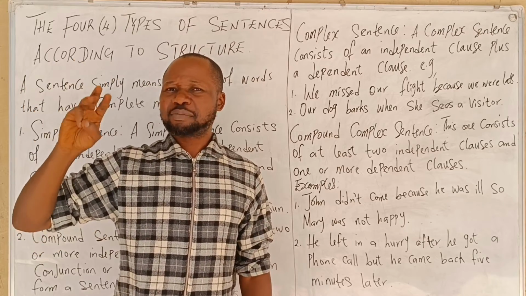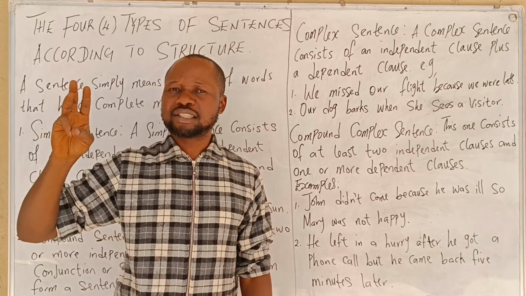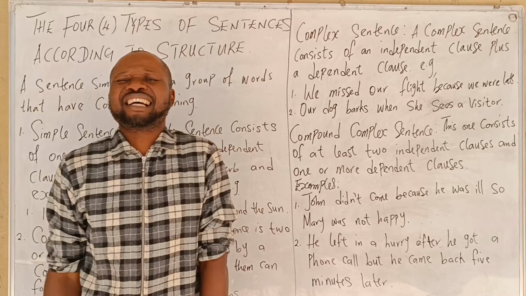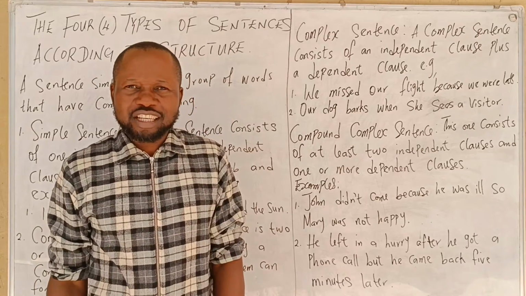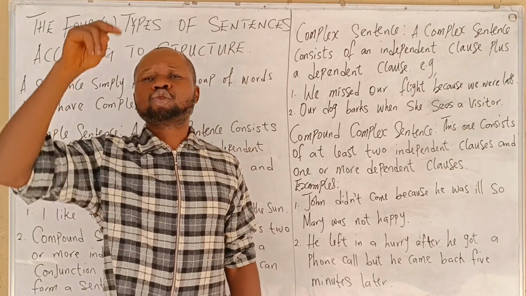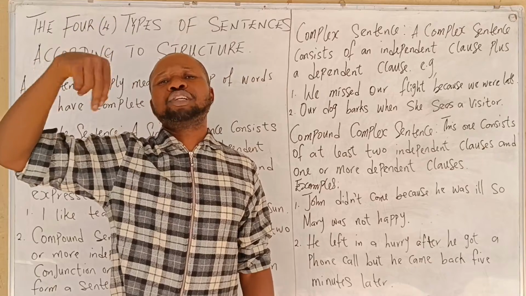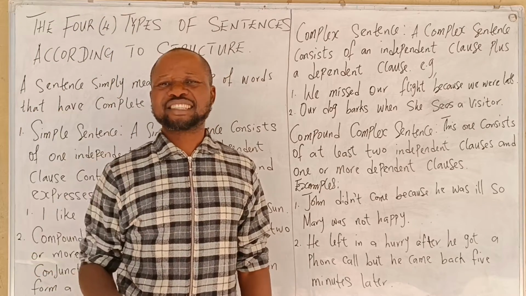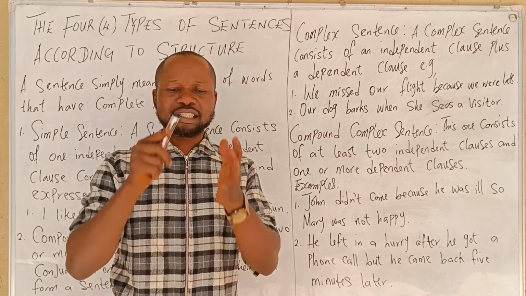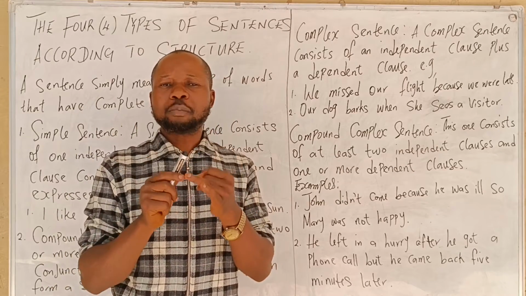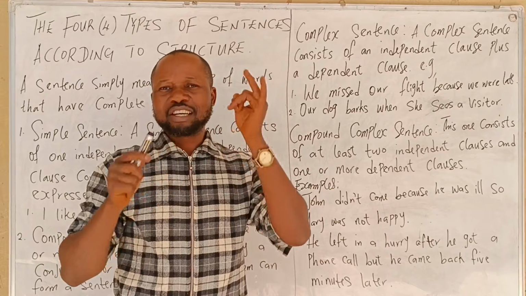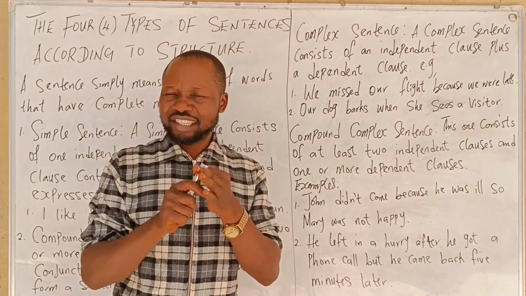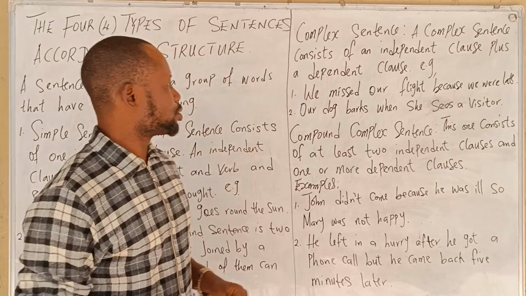But in those 3 messages, it will have at least one independent, that means one that can stand on its own and make complete meaning, then 2 that cannot stand on their own. That is what makes it a complex sentence. But remember, simple sentence, 1 message. Compound sentence, 2 messages. Complex sentences, 3 messages.